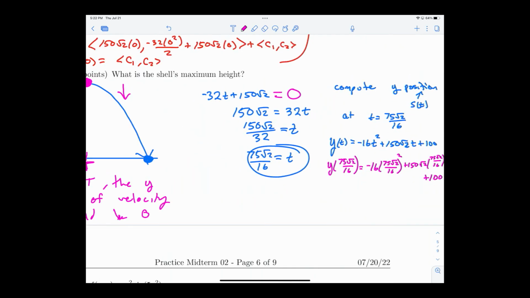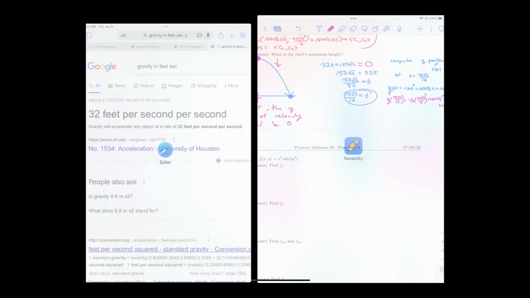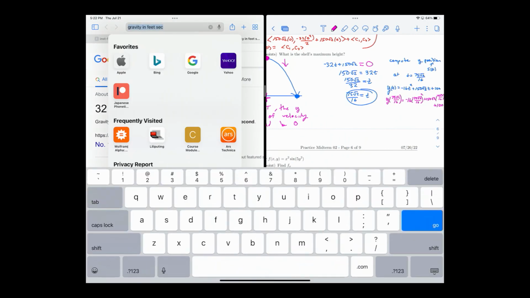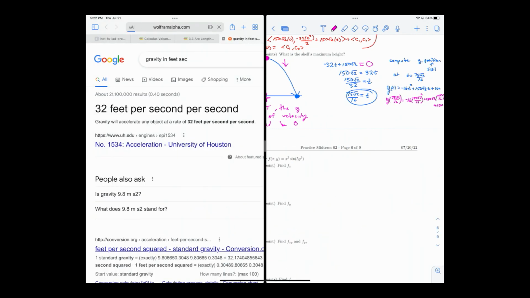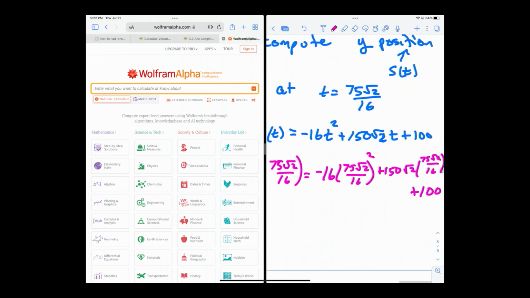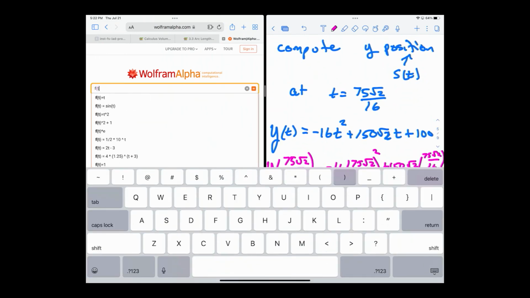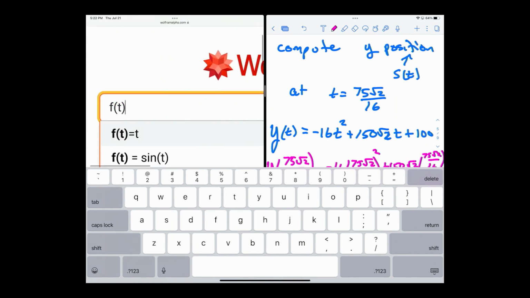A lot of times what I'll do on these is write it out like this, like I was going to do it on a calculator or something. And then I jump to Wolfram Alpha, where you can type in a function. I recommend, if you can, just use f, because it gets confused about function names sometimes.